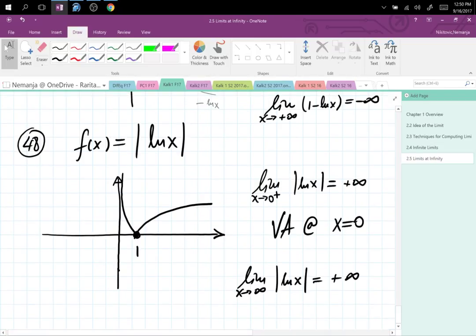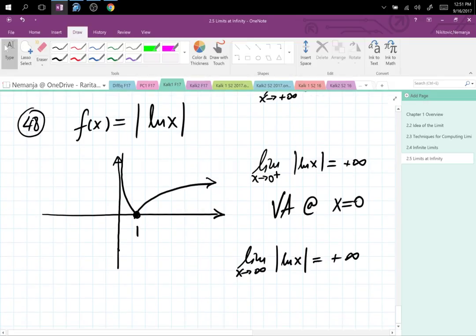So as the function goes to the right, it goes up. It will have a minimum point at (1, 0). Whether it's decreasing, then increasing, or its concavity and other things, we will discover in chapter 4. We are just doing this first analysis, which is end behavior.